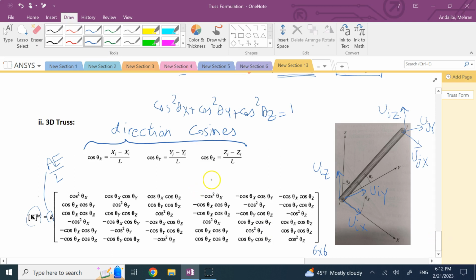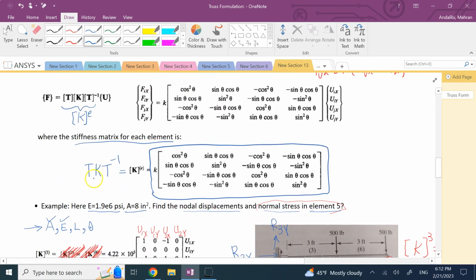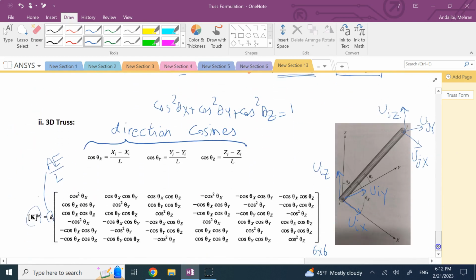And this K is the same formula that you had last time: it's T times the stiffness K times T inverse. So this is equivalent to the 2D one, but instead of 4x4, it's 6x6. So if you have a spatial or 3D truss, you will be dealing with a lot more equations and a lot more unknowns, but the way that you formulate it is exactly the same as 2D. There is no difference here.